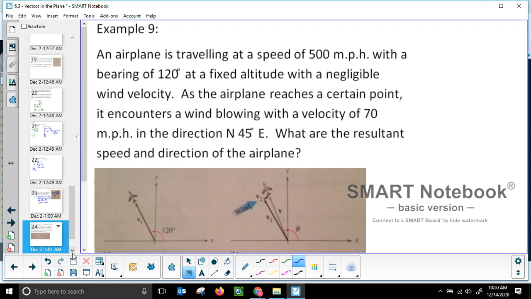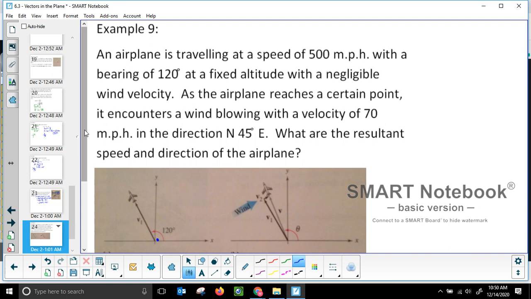As the airplane reaches a certain point, it encounters a wind blowing with a velocity of 70 miles per hour in the direction north 45 degrees east. It gives us a picture here: this is the way the plane is flying originally, and then this wind comes at it this way. Remember that you can take those vectors and put them end to end, and that will create our new final vector. What are the resultant speed and direction of the airplane?